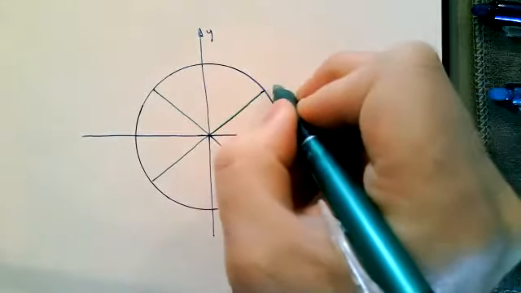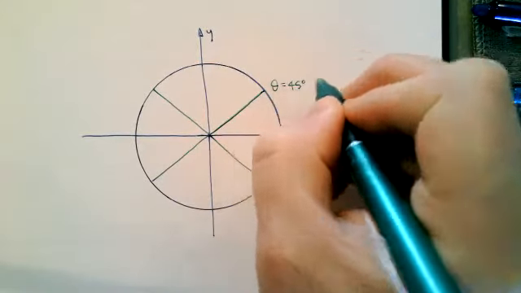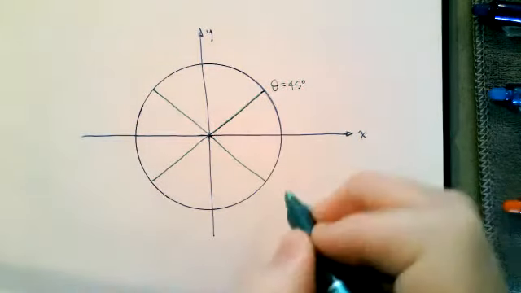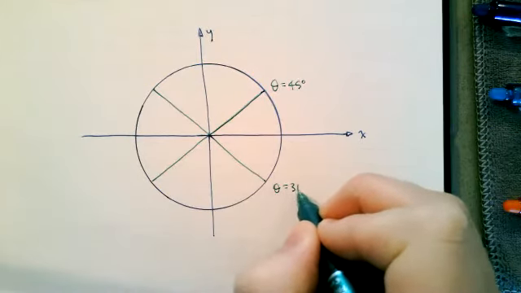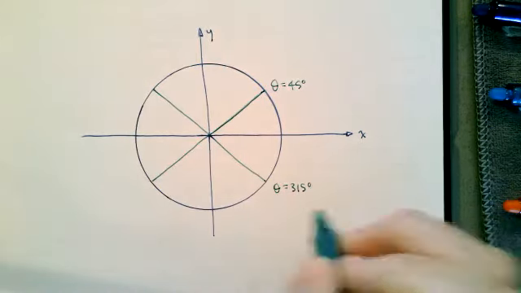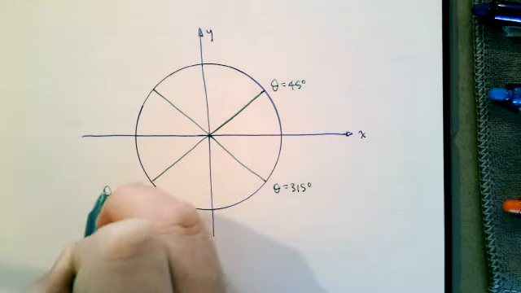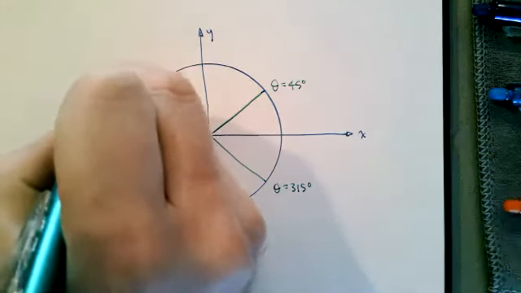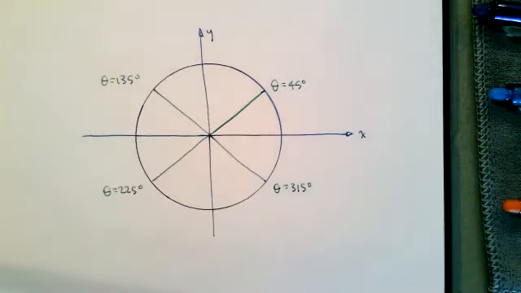If theta is 45 degrees, our reference angle is 45 degrees. If theta is 315 degrees, we'll have a 45 degree reference angle. If theta is 225, we associate 225 with a 45 degree reference angle. And if theta is 135, those are all our 45 degree reference angles. 45, 135, 225, and 315 all have 45 degree reference angles.